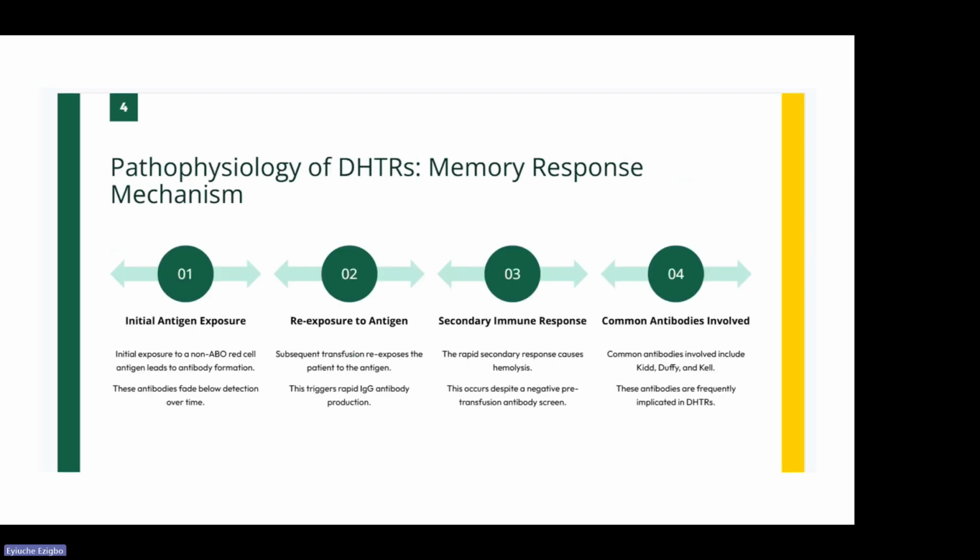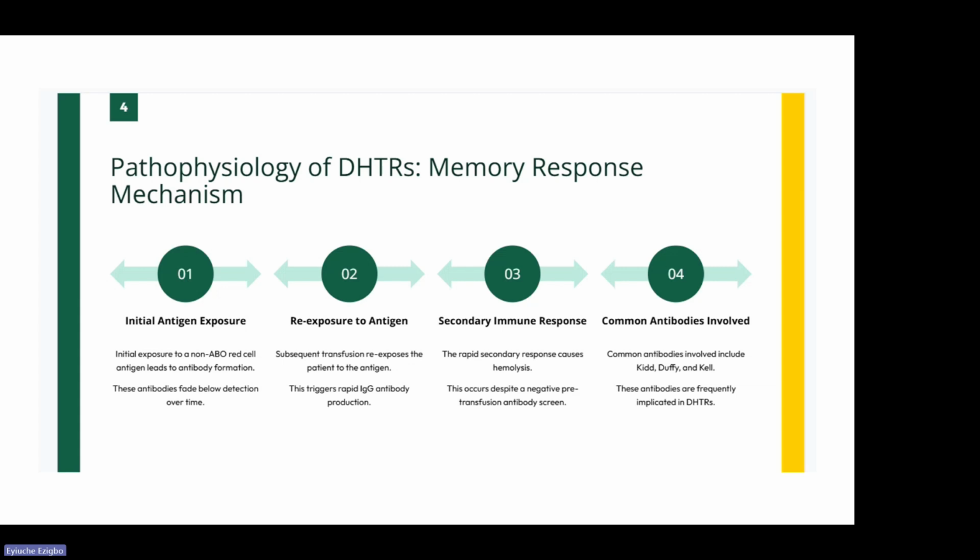So what is the pathophysiology of delayed hemolytic transfusion reaction? The first is memory response. The body tends to recall memory. In immune response, at the first exposure to an antigen, the body tries to respond by building up antibodies against it, but may not be able to mount an adequate immune response.